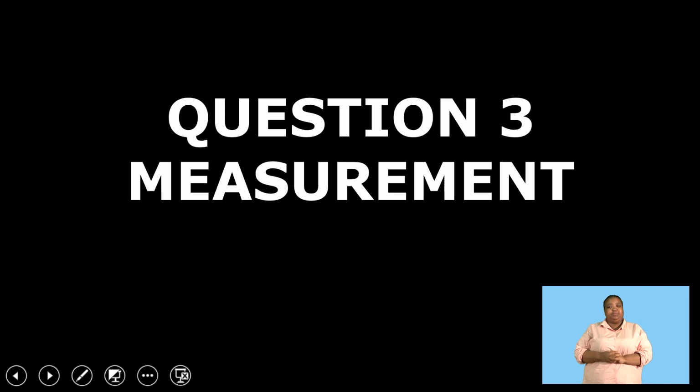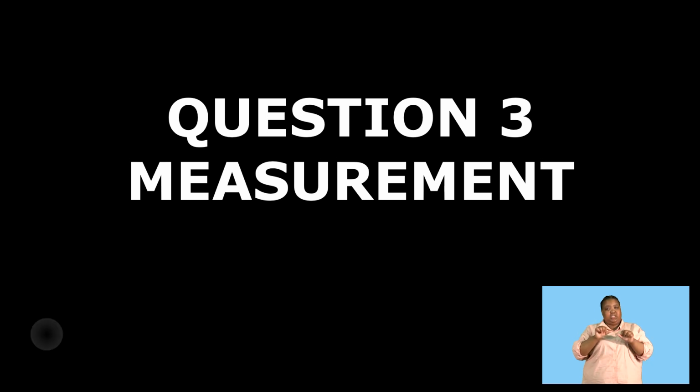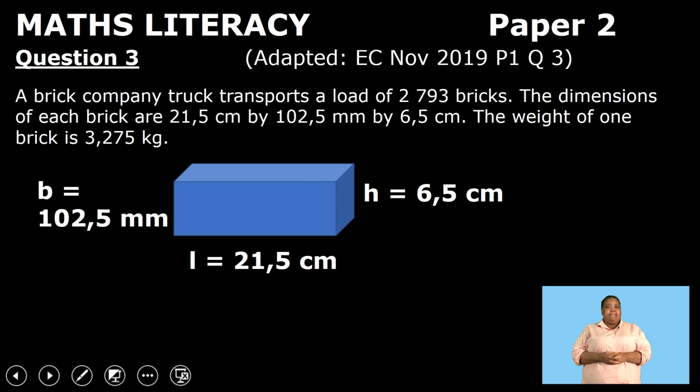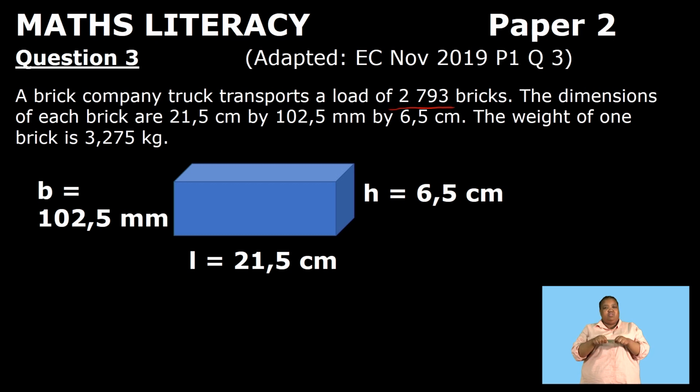Now let's look at question 3, which is measurement. A brick company truck transports a load of 2,793 bricks. The dimensions of each brick are 21 centimeters by 102 millimeters by 6.5 centimeters. Now, before we even continue reading, look at this.